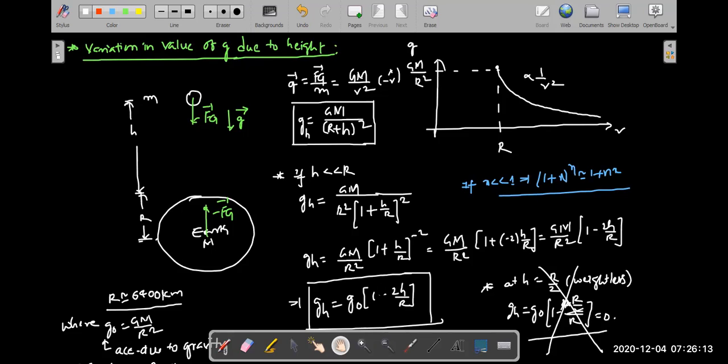The height at which the value of g will fall to half. Is it done copying? One minute, sir.